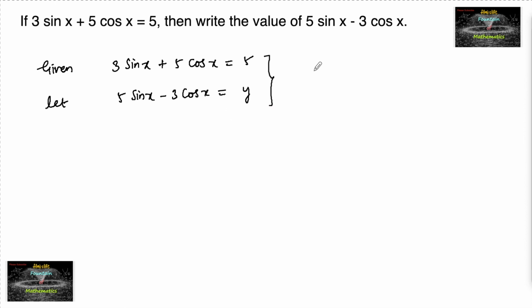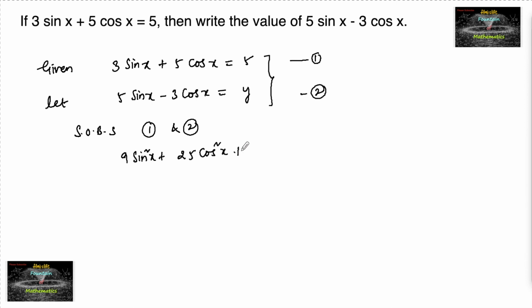So squaring both sides of equations 1 and 2, we'll have 9 times sin square x plus 25 times cos square x plus 2 times 3 times sin x into 5 times cos x is equal to 25.